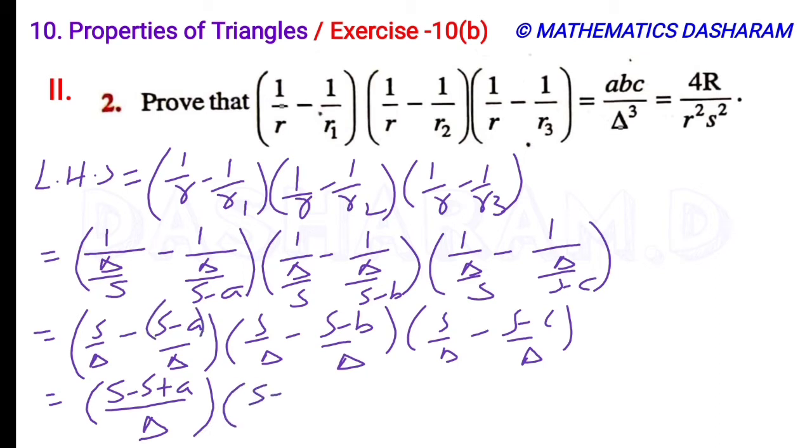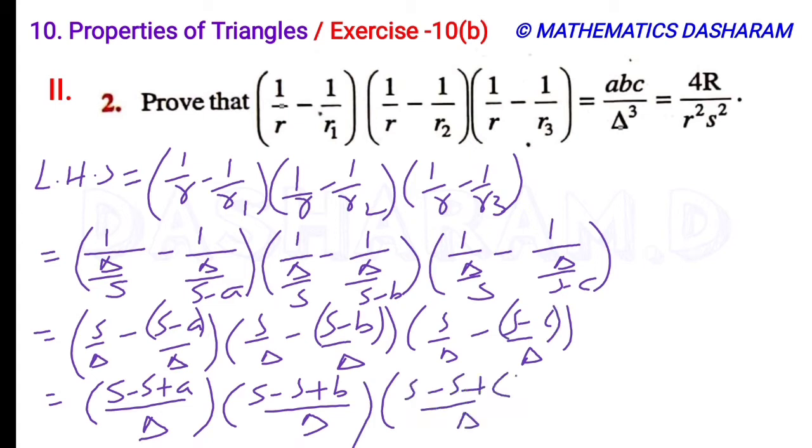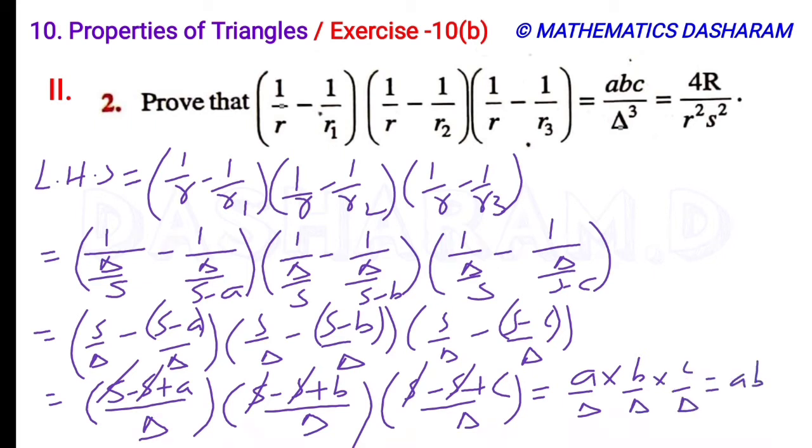Next to S minus, here also same, S minus S plus B divided by delta, and here also same, S minus S plus C divided by delta. So it is equals to plus S minus S, plus S minus S, plus S minus S cancel. So A into A by delta into B by delta into C by delta. So it is equals to ABC divided by delta cube. So this is our required answer.